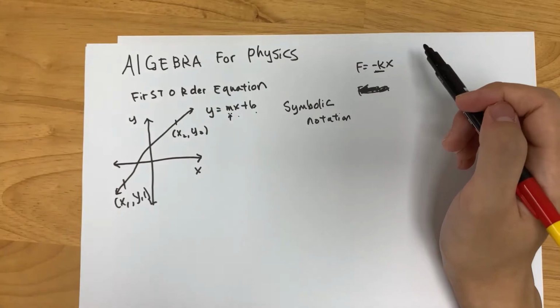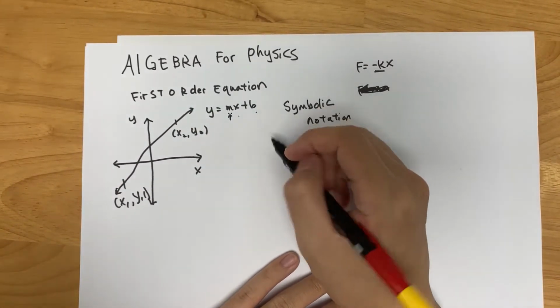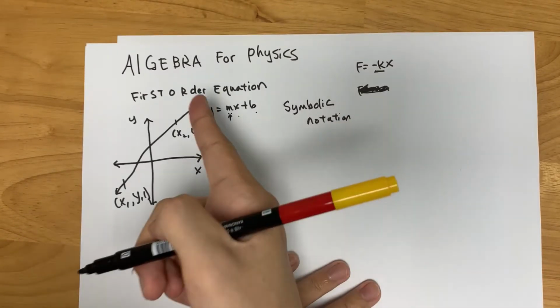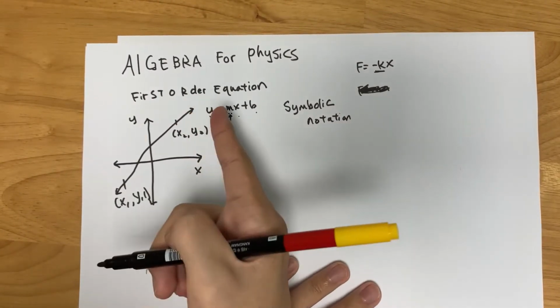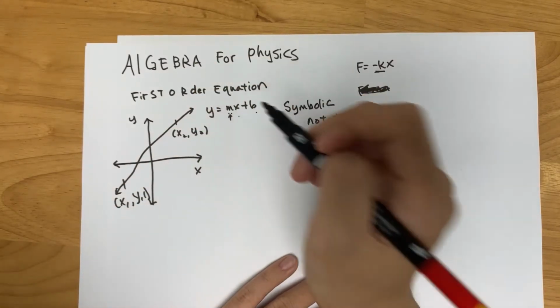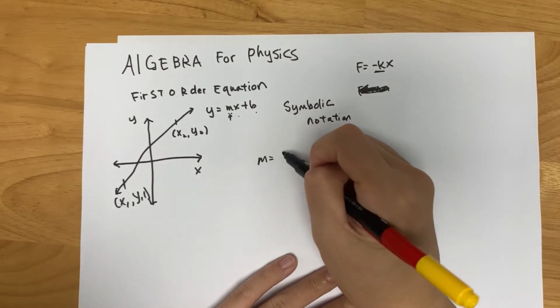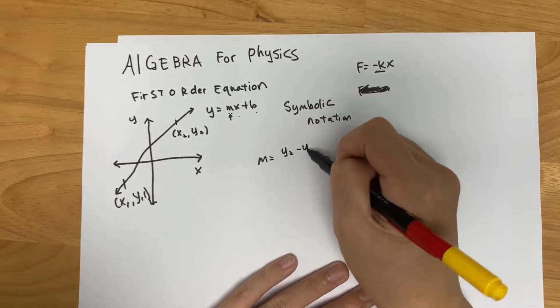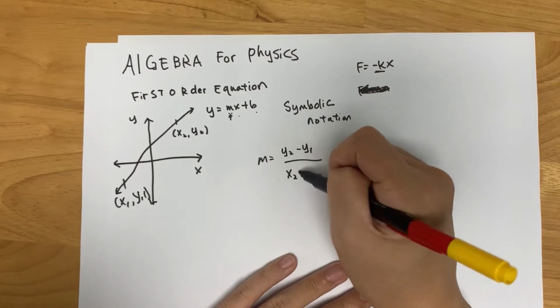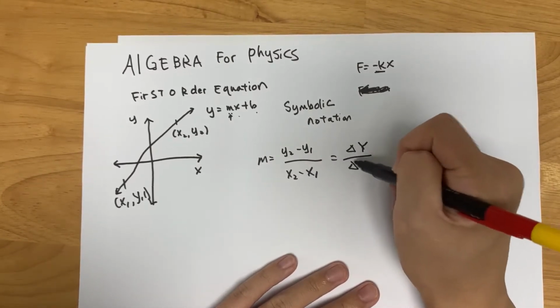You have a graph. How am I gonna do it in a first order equation? One of the easy ways, which only works for first order equations where the slope is a constant value, not changing, is to call it m, which is y2 minus y1 divided by x2 minus x1, or change of y divided by change of x.